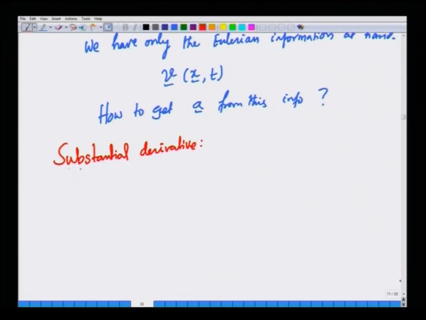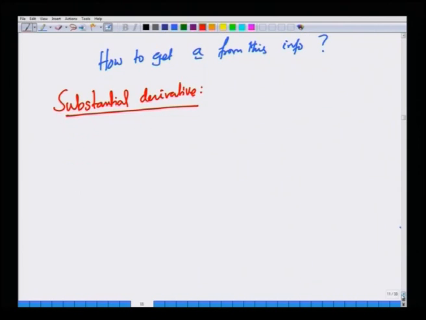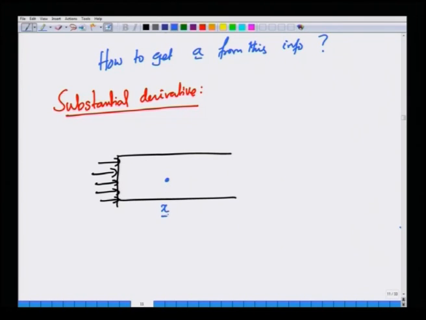We explained this in the context of temperature, because temperature is a scalar, it is much simpler. So, imagine you have a channel and fluid is flowing at constant, uniform velocity, and you are at a point x equal to 0.